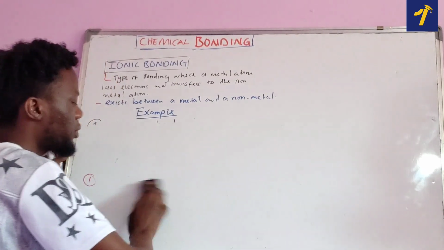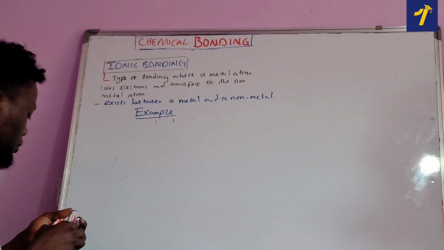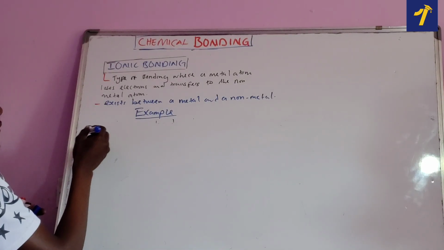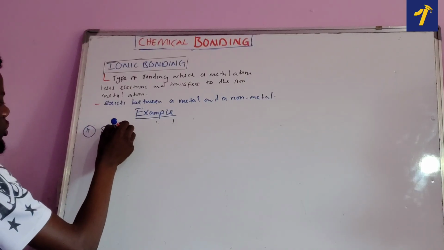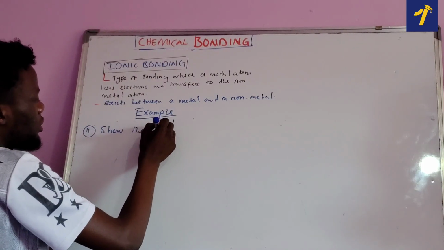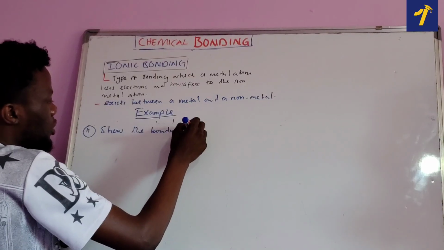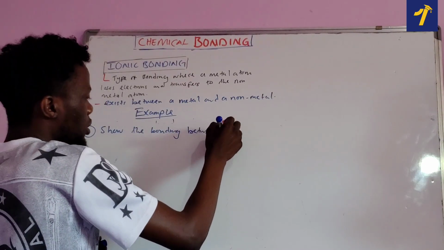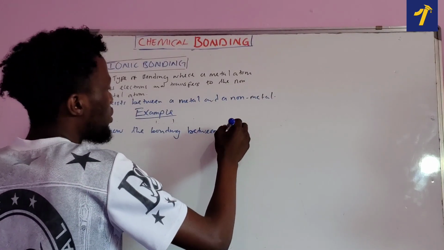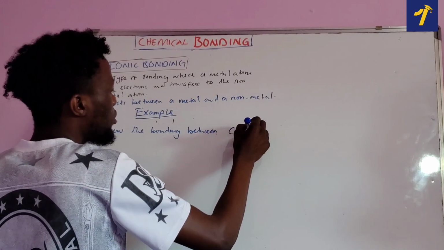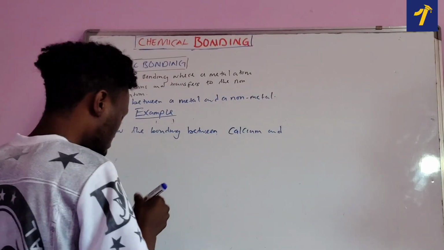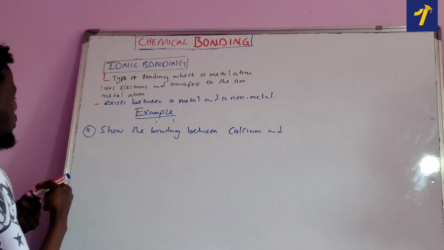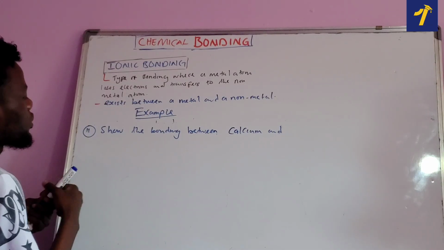Okay, last good example that we need to look at now. Number 2, we are going to show the bonding between calcium and chlorine.